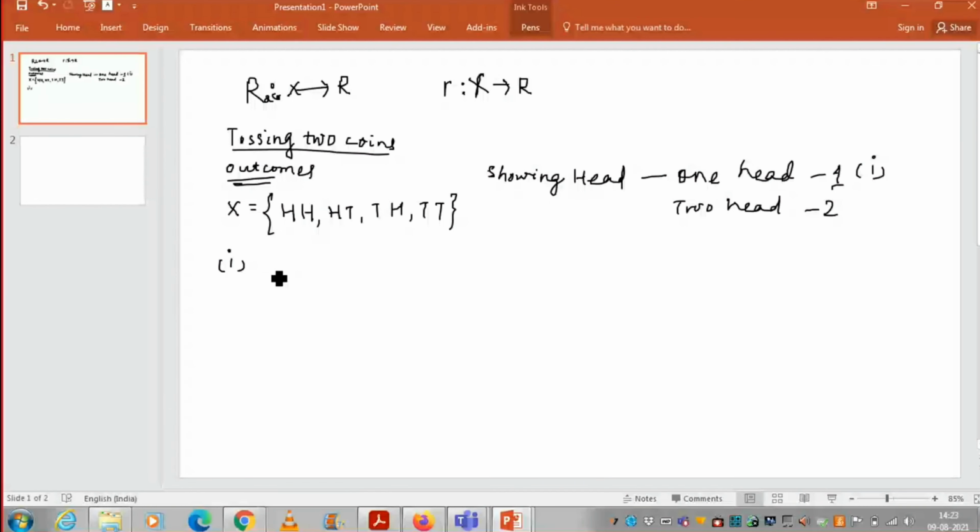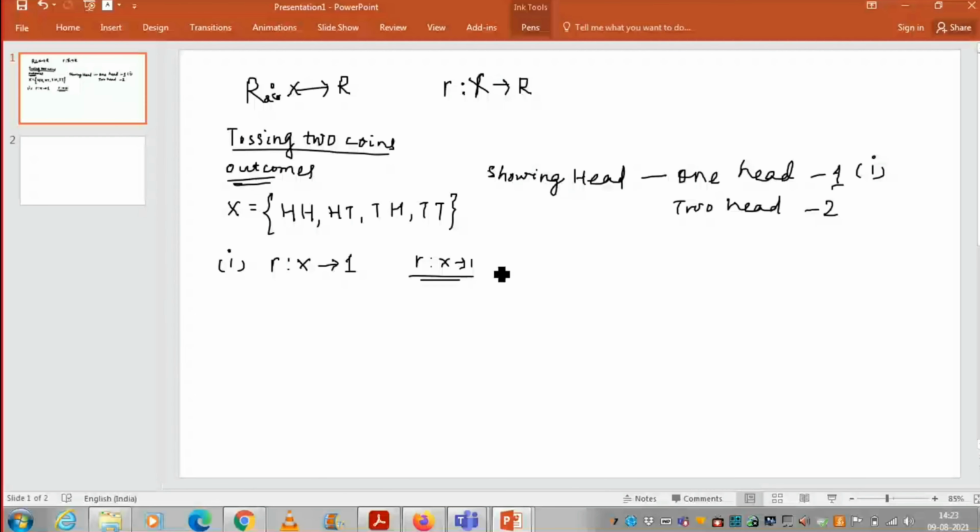So for case 1, we can write r from X to R, and in place of r we can write 1. So when r of x equals 1, that you have to find.